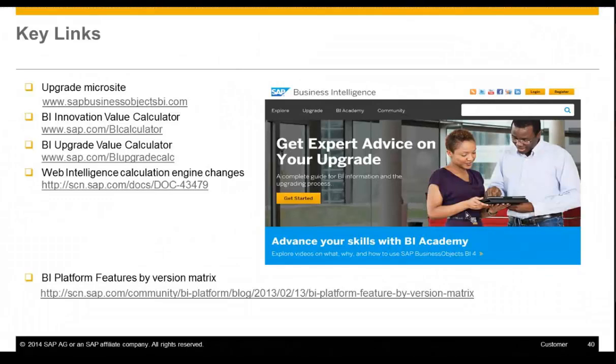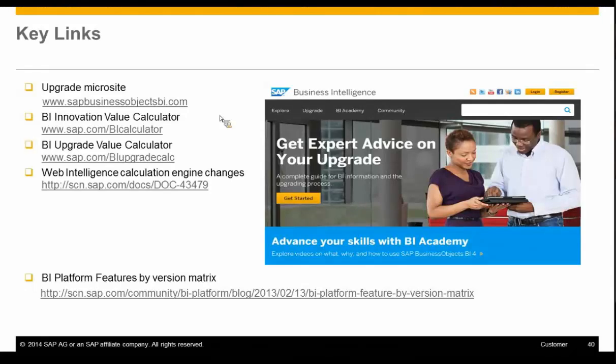We are trying to bring this site, SAP BusinessObjects BI.com, as the single central place for you to plan and read everything A to Z about your upgrade, the product roadmap, changes in the product and things like that. We also have an innovation value calculator. If you are planning to upgrade and wondering what value you get, go ahead and run this upgrade value calculator.